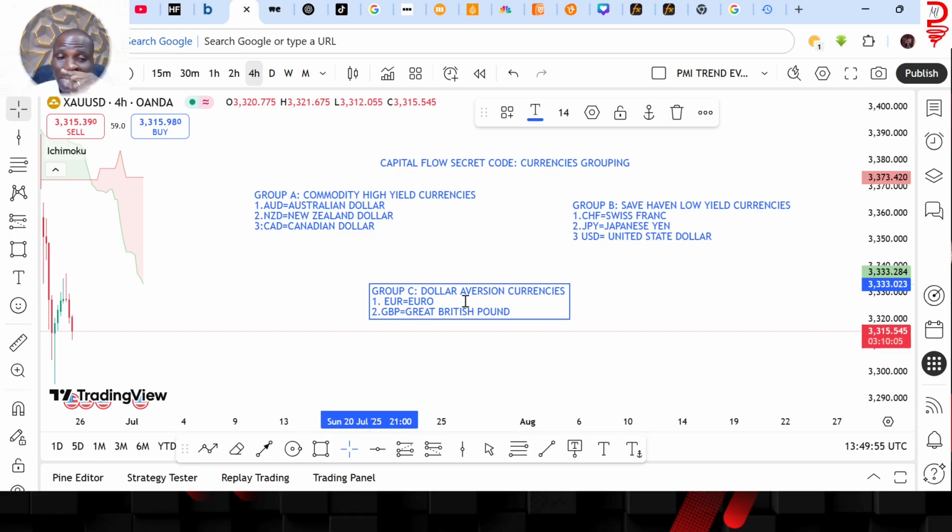In fact, in most cases, if you check the position sentiment of big players in the market as released by the Commitment of Traders report, COT report, most of the time the commodity high yield currencies are always with the same tone of sentiment, which means if investors are net short on Australian dollar, the likelihood that they will also be net short on New Zealand dollar is very high, and the same thing for Canadian dollar.